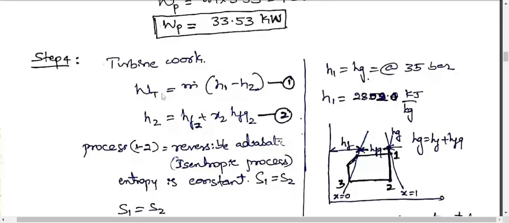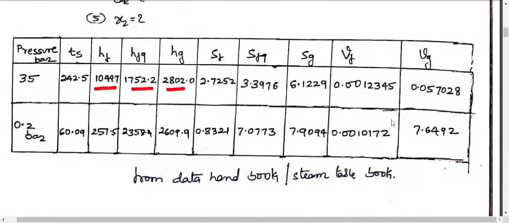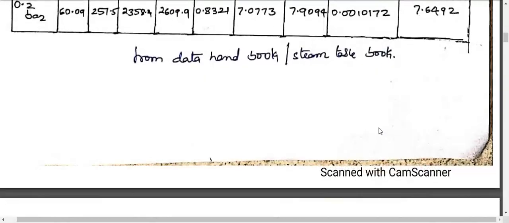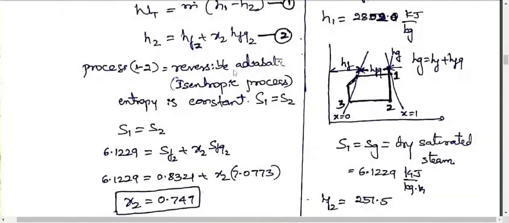That is the turbine in which the expansion work is taking place. There is the 1 to 2 process. So in 1 to 2, it goes to the TS diagram. So 1 to 2 is expansion. The highest enthalpy will be at point number 1 and the lowest enthalpy will be at point number 2. So the difference between the highest enthalpy and lowest enthalpy gives the work done by the turbine.